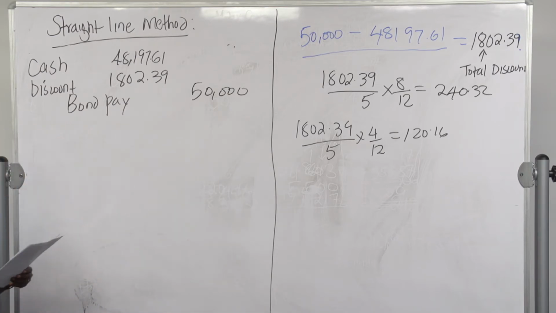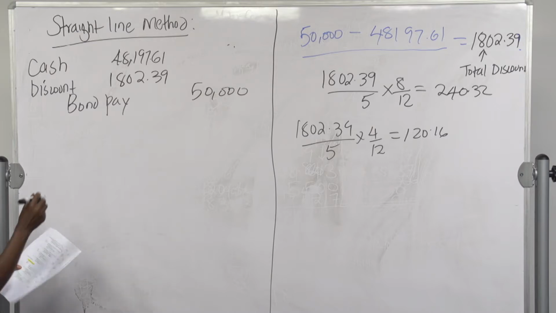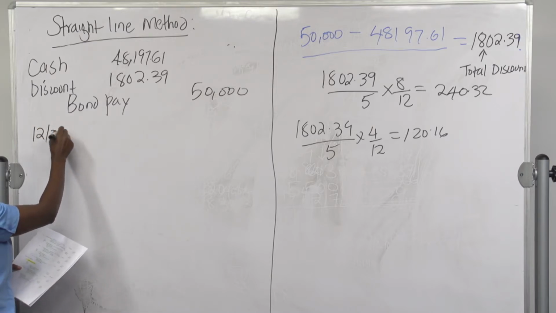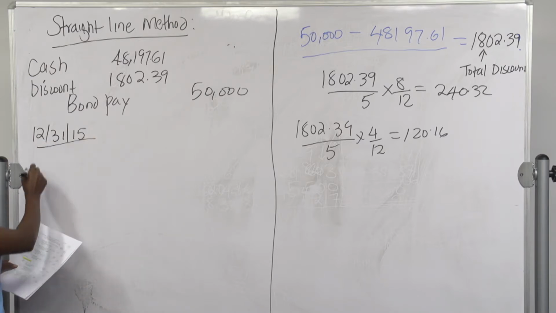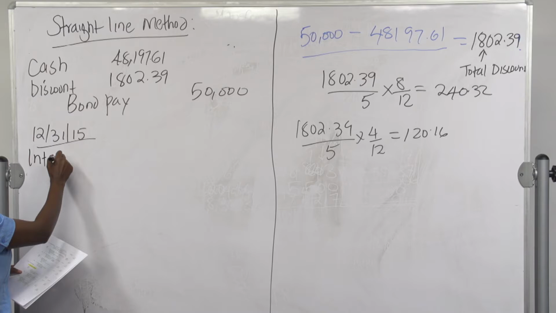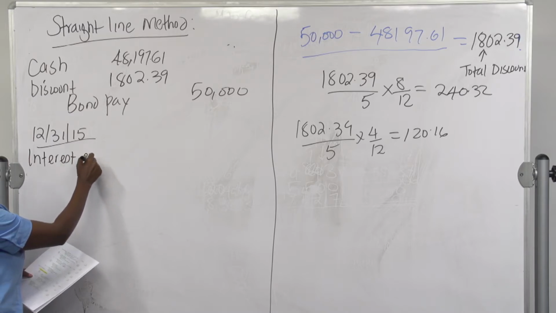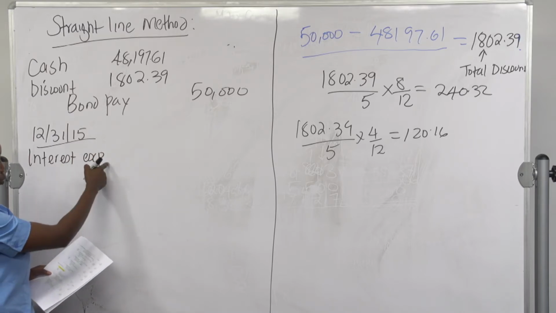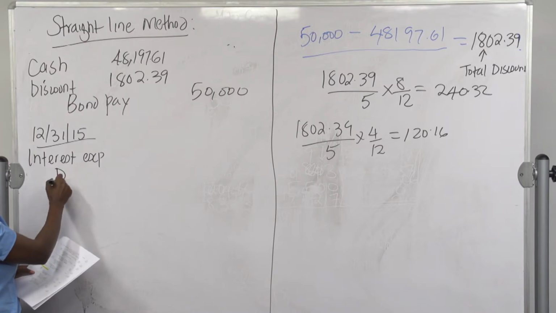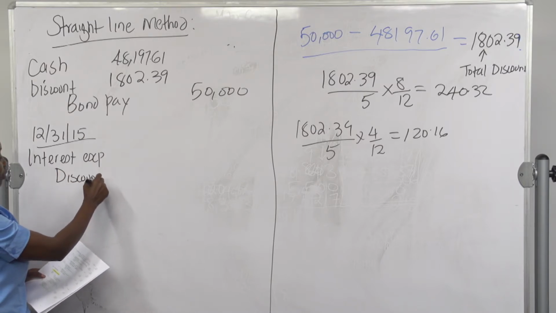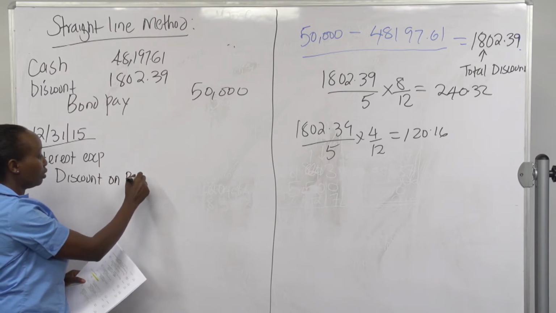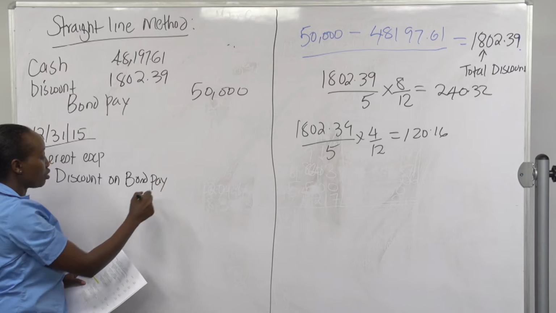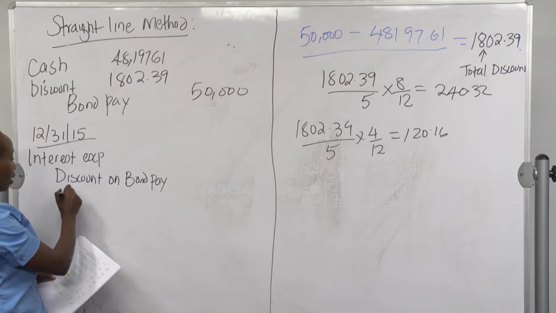Next, we're going to work on the December 31st, 2015 interest accrual. The interest expense will be a derived number when we're doing the straight line method. For the discount on bond payable, the amortization amount, we're going to compute this using a straight line manner.